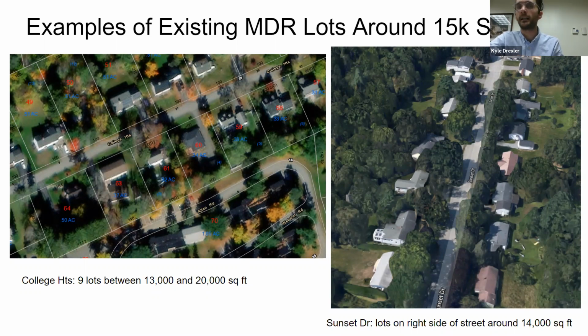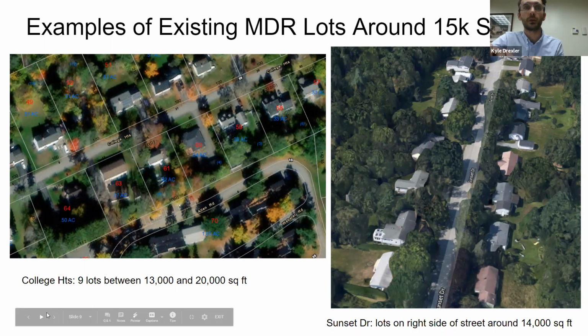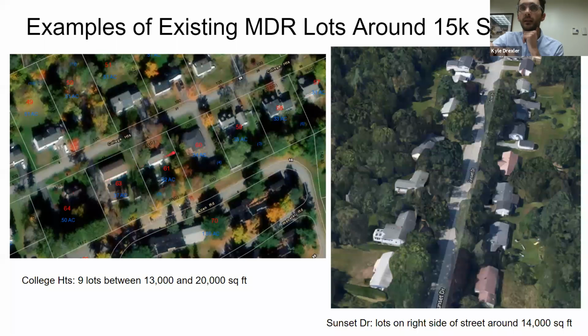You have 9 lots on College Heights between 13 and 20,000 square feet. But if you look at the satellite imagery here, they're spaced out single family homes with yards and driveways.